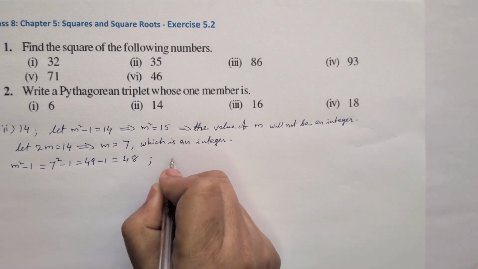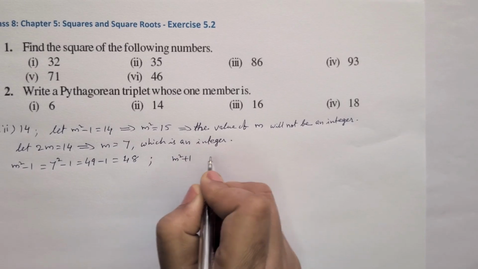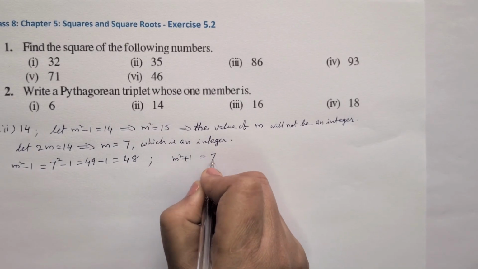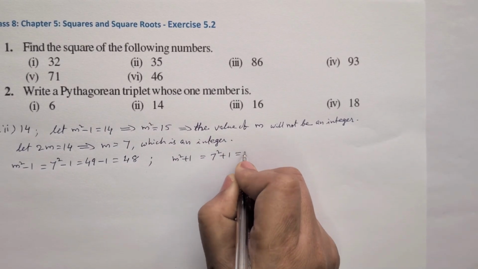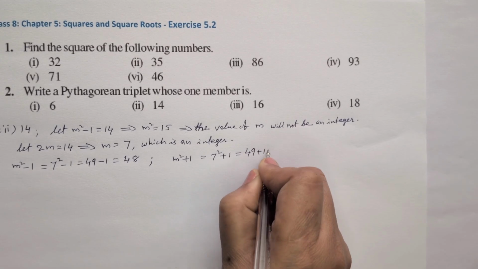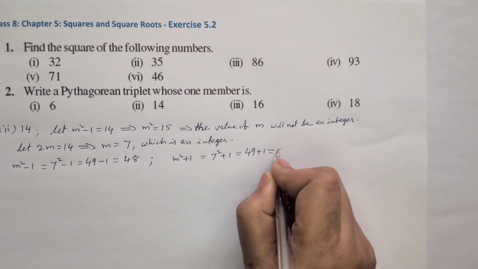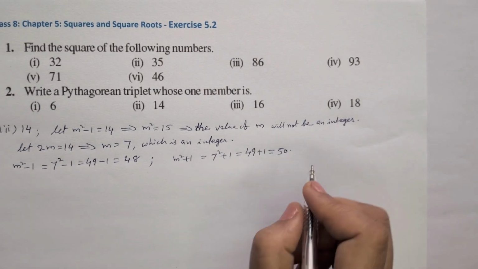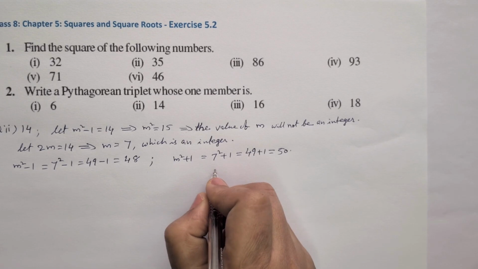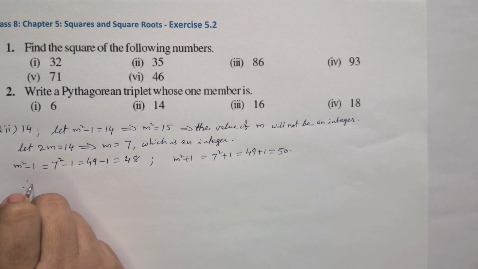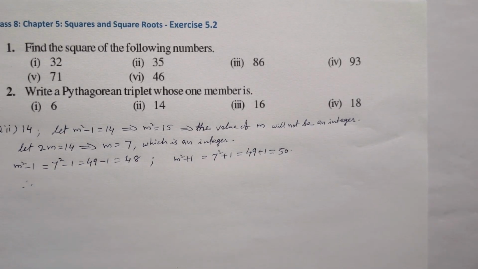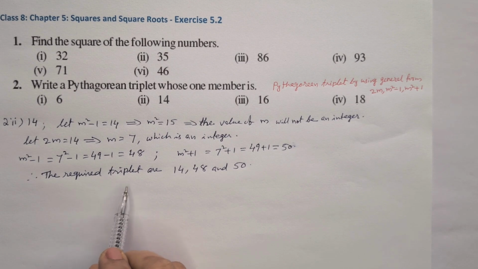And m square plus 1, which is equal to 7 square plus 1, 49 plus 1 is equal to 50. Then we can write, therefore, the required triplet are 14, 48 and 50.